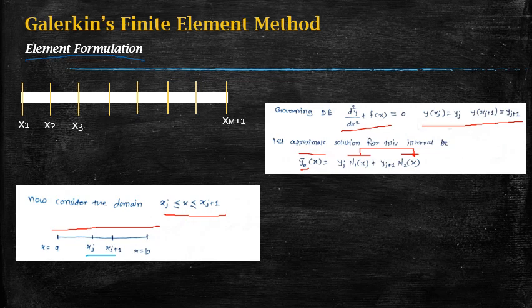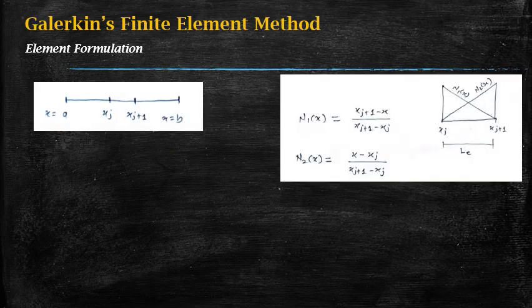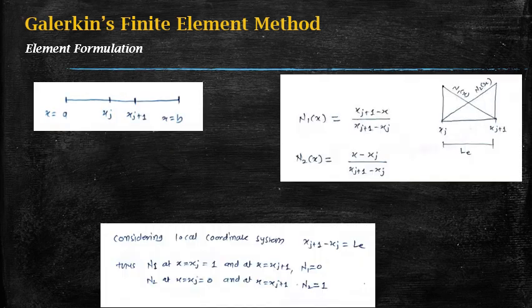Now we have used N1 of x and N2 of x. Now our element is varying from xj to xj plus 1, and suppose the length of the element is le. This le stands for length of element. Here N1 of x and N2 of x, the interpolation functions specific to this element, are also shown here.